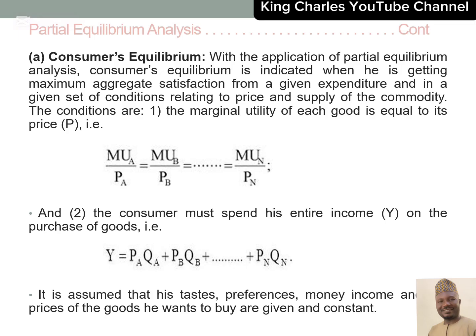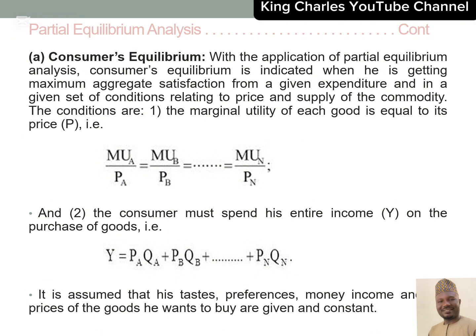MUA must be equal to PA for you to say the consumer is at equilibrium. MUB must be equal to PB for the consumer to be at equilibrium when consuming commodity B, and so on and so forth.